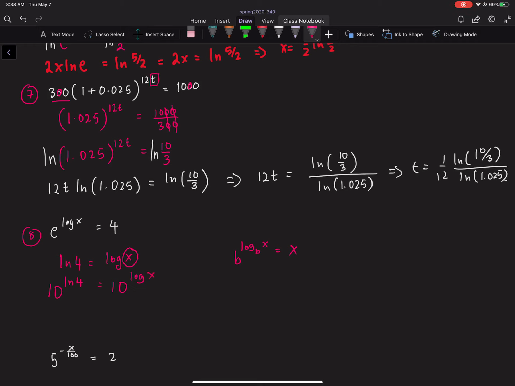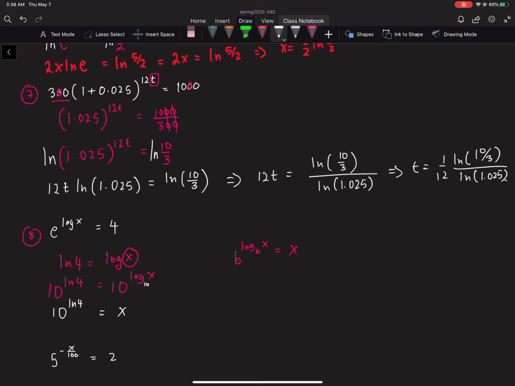Well, the expression on the right side, remember that it's got this invisible base 10. So that whole expression comes down to x, and then here I have 10 to the ln 4. All right, so that becomes the answer to that question.